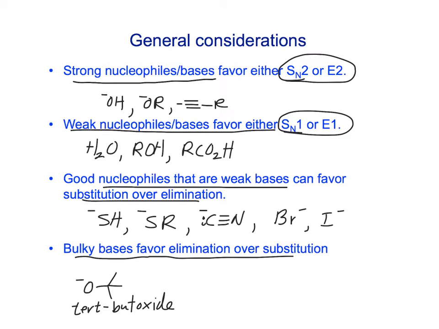And remember, whenever we have these anions, there's going to be some kind of cation, usually a potassium or a sodium that's associated with it, but those cations don't really participate in the reaction. Other common bulky bases we presented before, DBN and DBU. So you can just remember those. The structures are kind of complicated. They're not so important to remember.